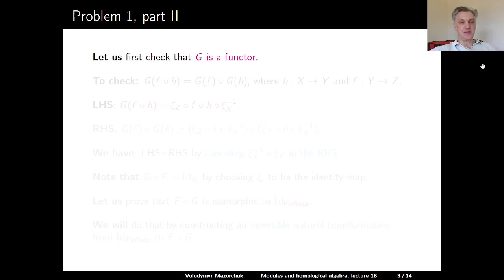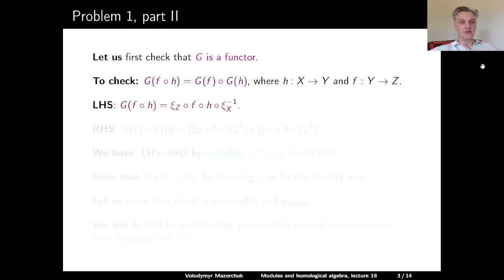Let us first check that G is indeed a functor. For this we need to check that G applied to the composition of f after h, where f is a function from Y to Z and h is a function from X to Y, should be equal to the composition of G of f after G of h.